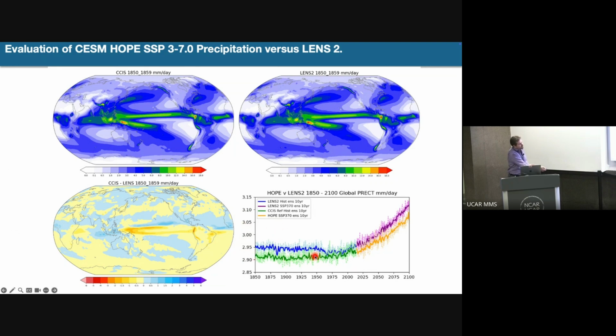We also have this smooth, slow ramping up. Interestingly, in LENS2, there's a drop in precipitation after 1960. A lot of the difference between the two configurations in 1850 is in this region where the volatile organics are coming out from the Amazon.